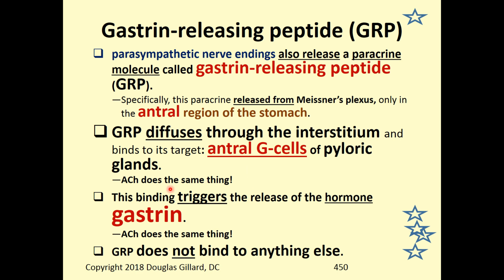Okay, acetylcholine does the same thing with regard to that. The binding triggers the release of a hormone called gastrin. ACh triggers the hormone gastrin, right? Gastrin is released from G cells or antral G cells. Most people just call them G cells. GRP does not bind to anything else other than these G cells, right?